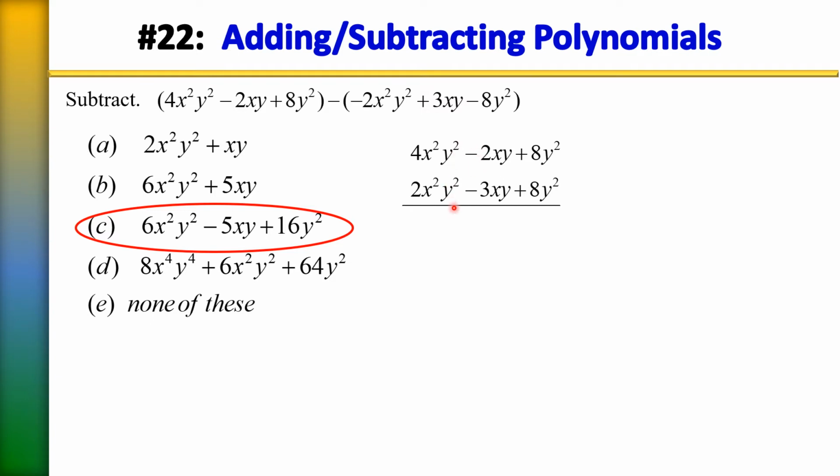Here, the signs are the same. Remember, if the signs are the same, keep the sign and add the numbers. That's going to give me -5 there in front as a coefficient. And the coefficient of the last term, the signs are the same. So we're simply going to add 8 and 8, which will give us a coefficient of 16. So bringing everything down, the coefficients and their terms following them, it should look like this.